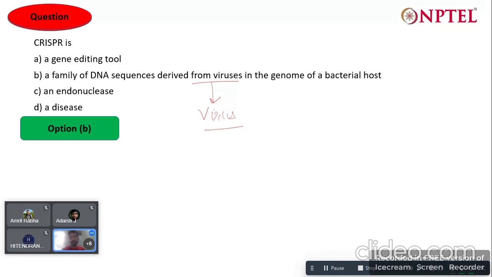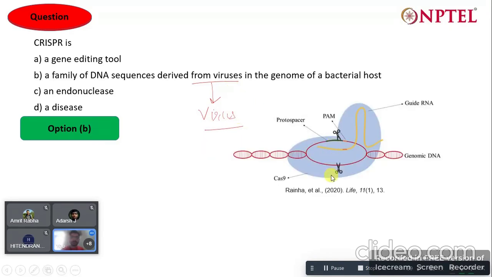This will be better understood with this image. This is the genomic DNA.